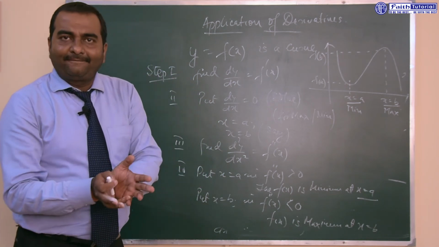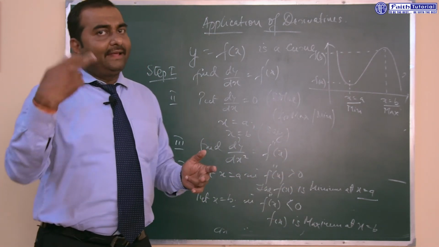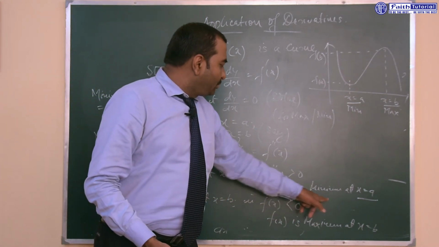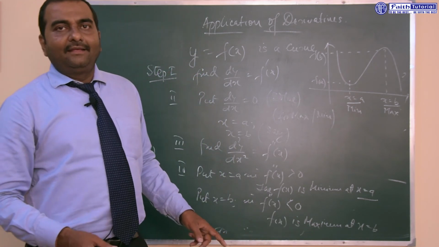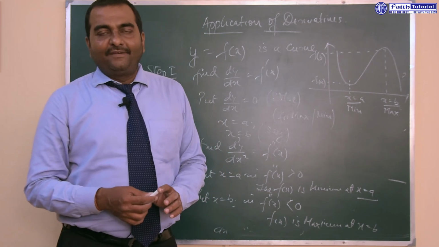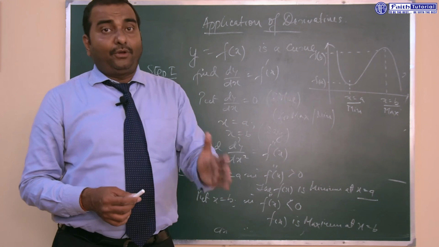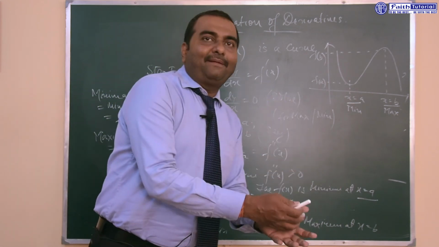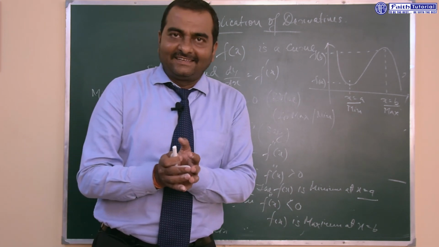For example, there can be one maximum point, one minimum point according to d2y by dx2 greater than 0 and less than 0, and interestingly for third, d2y by dx2 will be equal to 0, which is called the point of inflection. That means the point where the function is neither maximum nor minimum but has got some different tendencies.